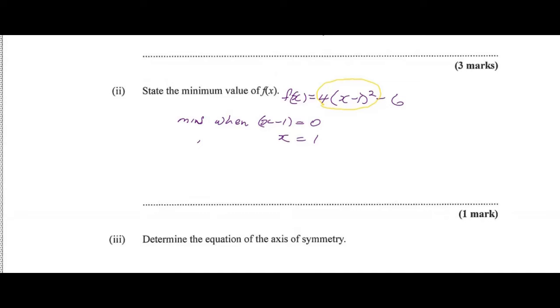But when this is 0, the minimum value of f of x is equal to negative 6.